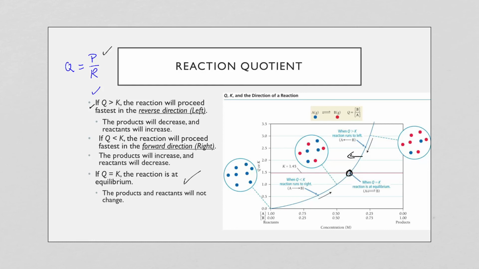The products are going to get smaller, the reactants are going to get bigger. If we're down here and Q is smaller than K, we're going to move in this direction, causing products to increase and reactants to decrease, to raise up Q to match K. So that's the idea of the reaction quotient.